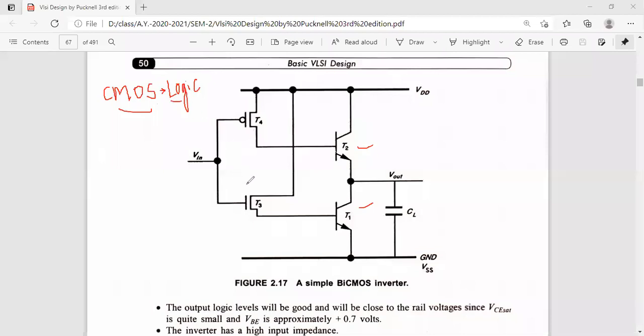You can see here, in the BiCMOS inverter I have two bipolar transistors, and at the output stage we have a capacitor called CL, the load capacitance.